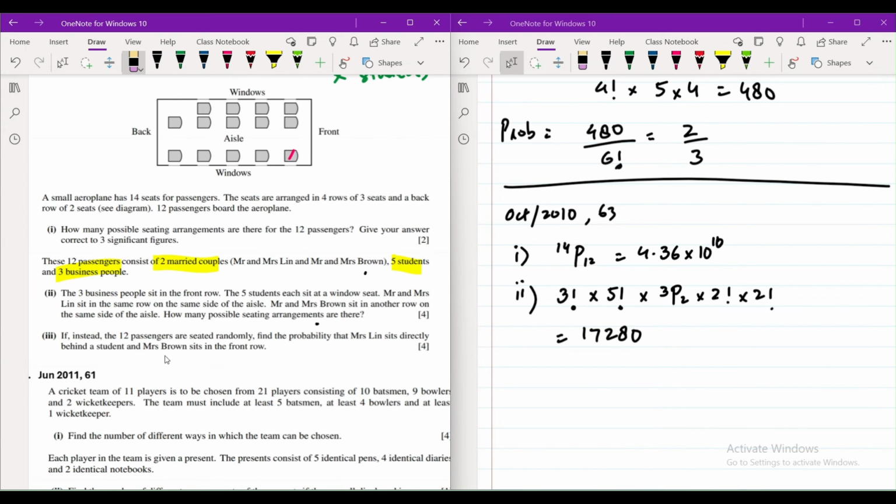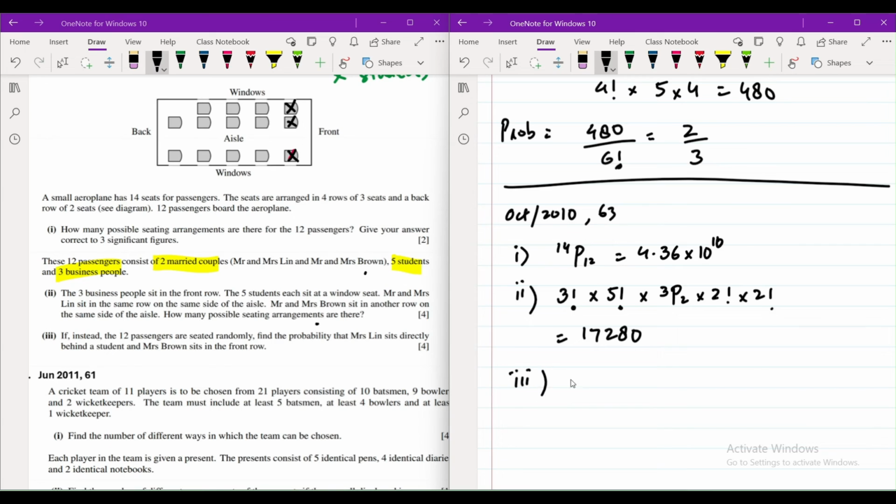So Mrs. Brown sits in the first row. This means that Mrs. Brown could be in any one of these front row seats. So for Mrs. Brown, we have three possible selections, right?